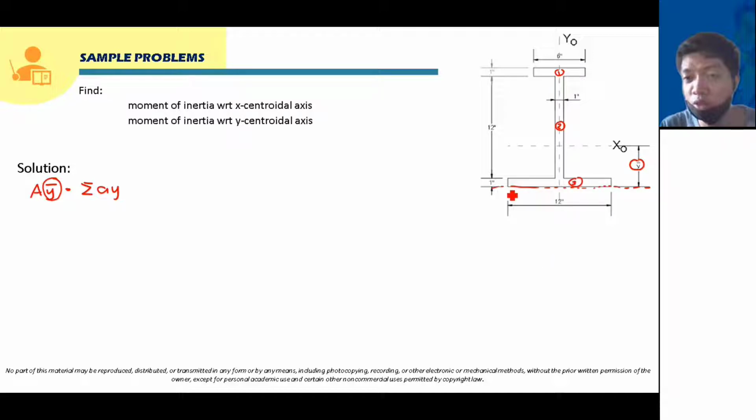You can make a table, but we can also directly input the solution here.